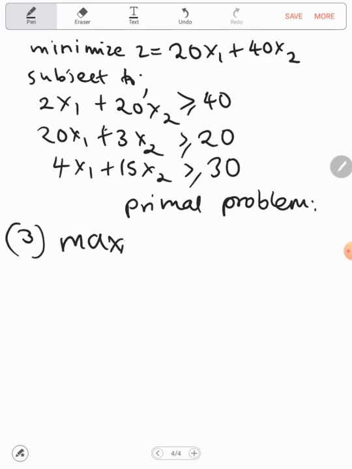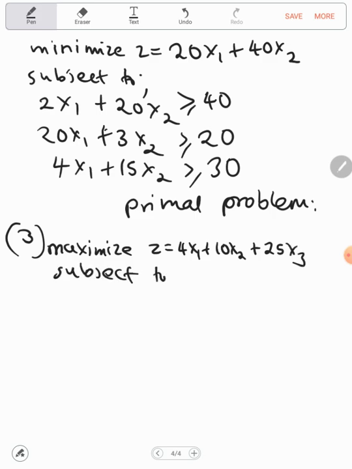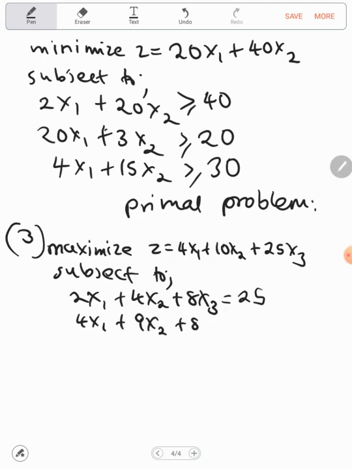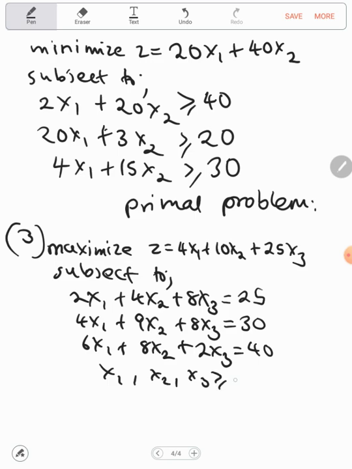So you have been given to maximize z equal to 4x1 plus 10x2 plus 25x3, subject to 2x1 plus 4x2 plus 8x3 equal to 25, 4x1 plus 9x2 plus 8x3 equal to 30, 6x1 plus 8x2 plus 2x3 equal to 40. x1, x2 and x3 are greater than or equal to 0.